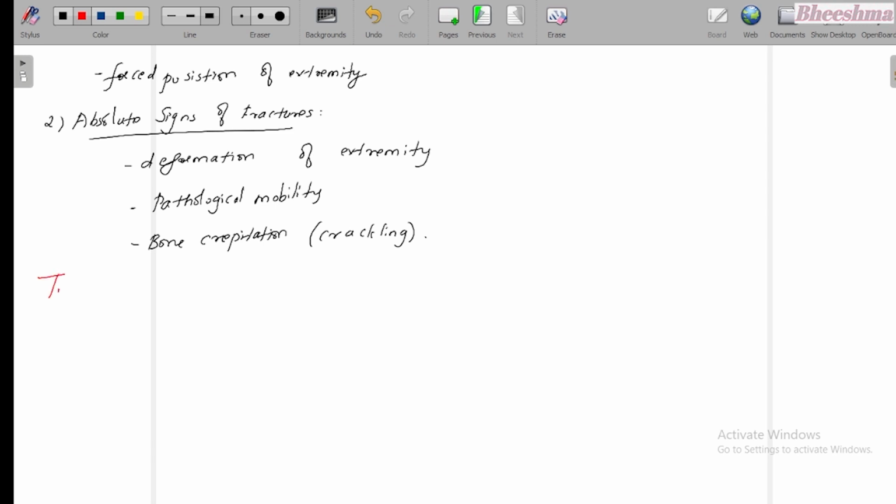Next, about types of fracture. The first one is open fracture and the second one is closed fracture. First one, open fracture.